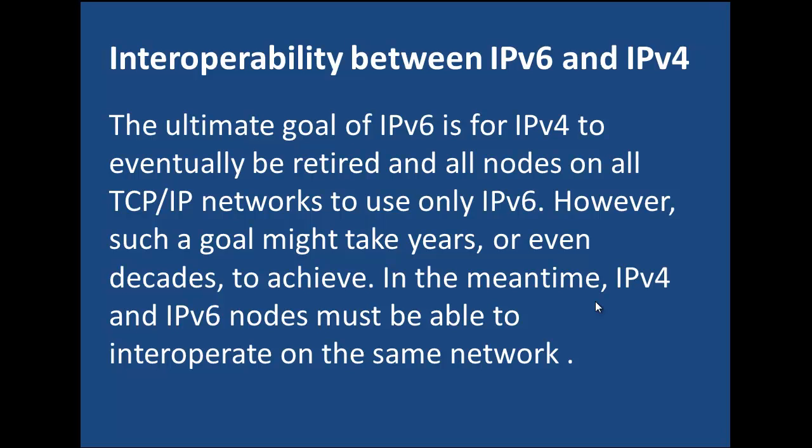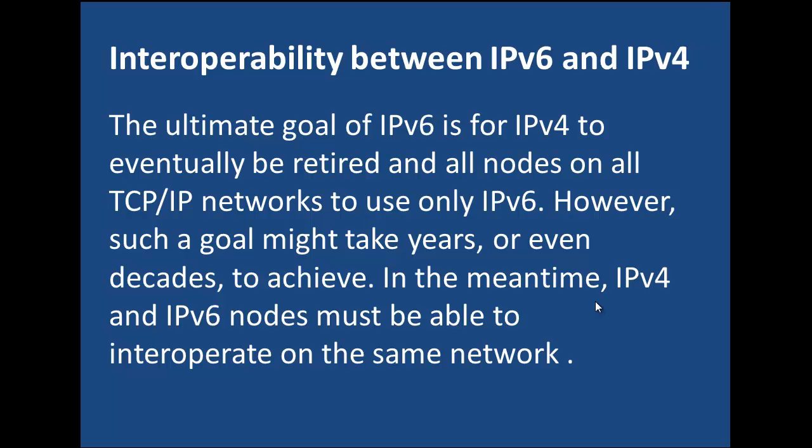Now, the ultimate goal of IP version 6 is for IP version 4 to eventually be retired and all the systems on the network using only IP6. But this goal might take a few years to achieve.